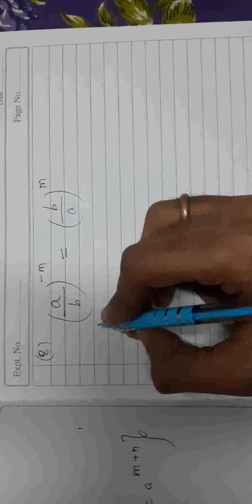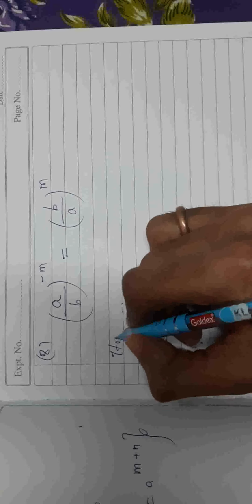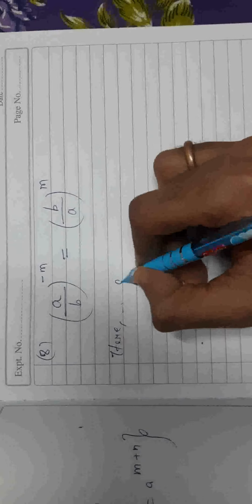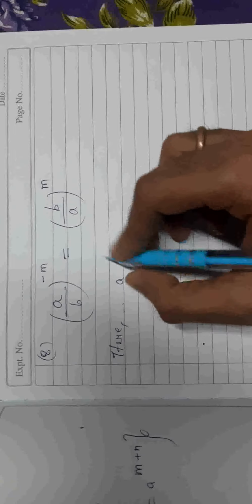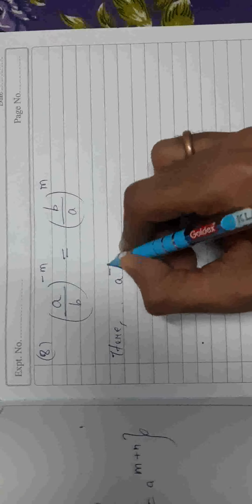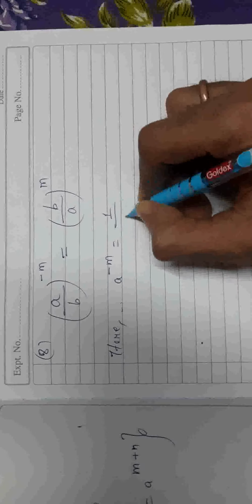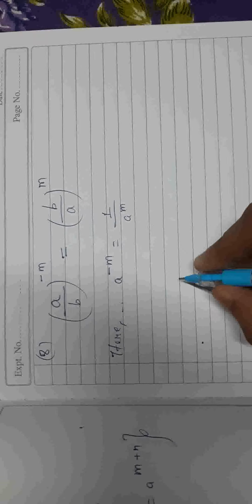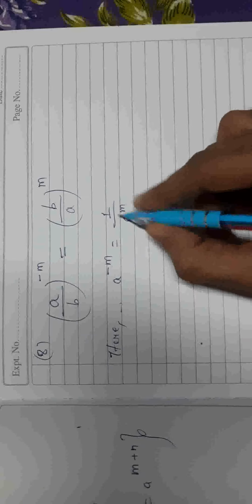It follows from the fourth law, that we have seen a to the power minus m is equal to 1 by a to the power m.